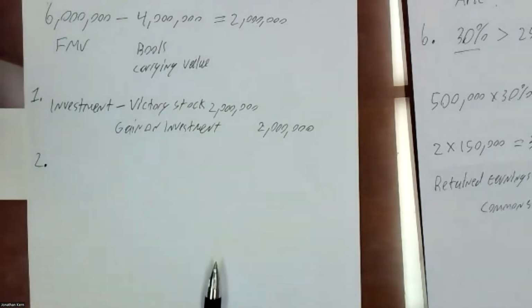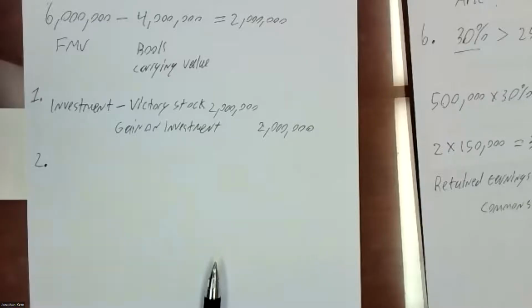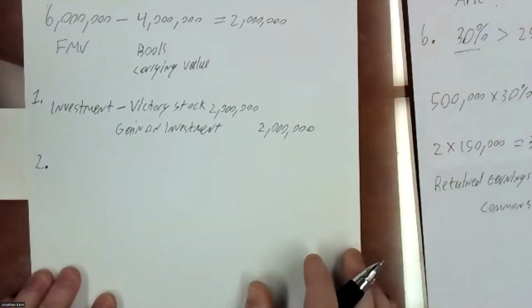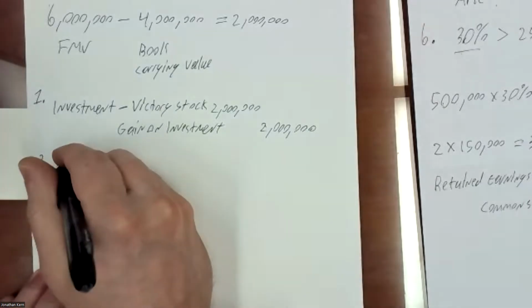But if we look back at the question, the company only has $5 million in retained earnings. They only have $5 million in retained earnings. This means that this is a liquidating dividend. So now we have to calculate the liquidating portion of the dividend.